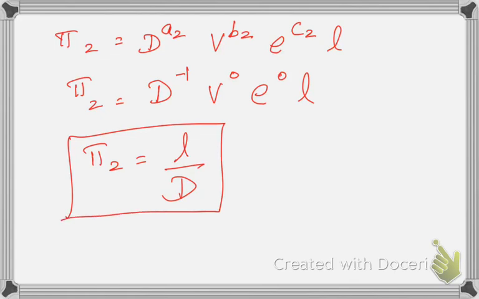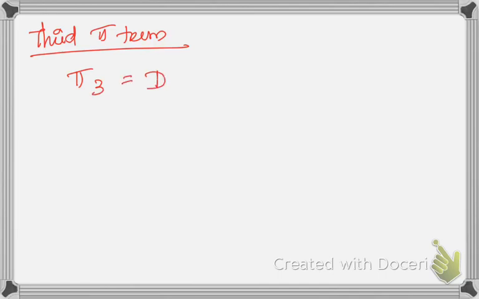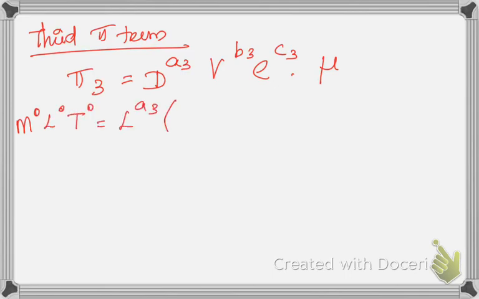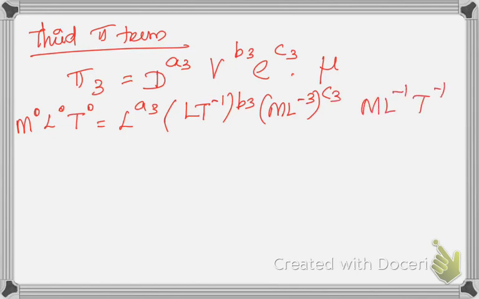Next we'll go to our third pi term, which is pi3 is equal to d power a3 v power b3 rho power c3 into mu. So the dimensions are m power 0, L power 0, T power 0, equal to L power a3, L T power minus 1 to the b3, m L power minus 3 to the c3, into m L power minus 1 T power minus 1.